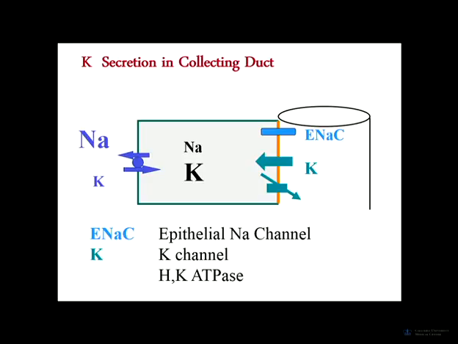So this potassium channel is present here. There is also an ATPase on the luminal membrane that is like the stomach ATPase, which supposedly exchanges hydrogen for potassium. And in states of severe potassium depletion, it gets induced, and then we can absorb the potassium from the urine.